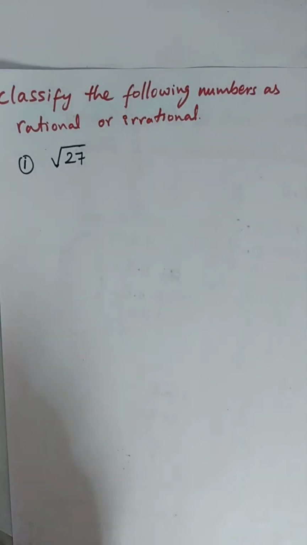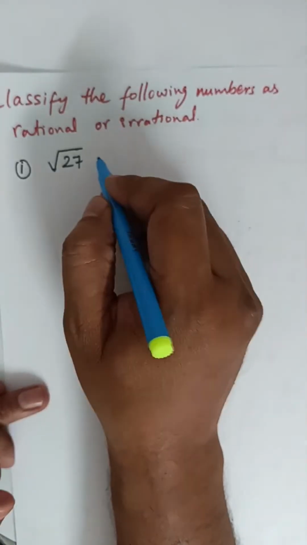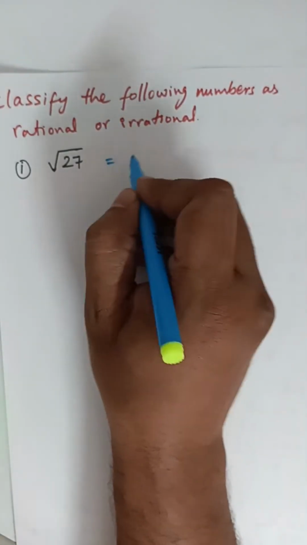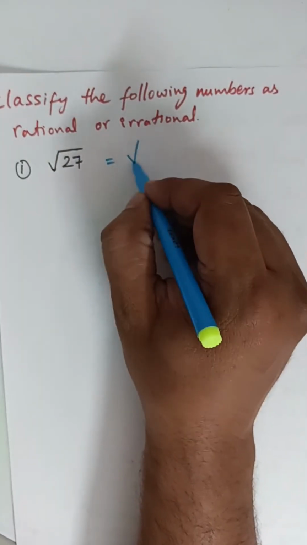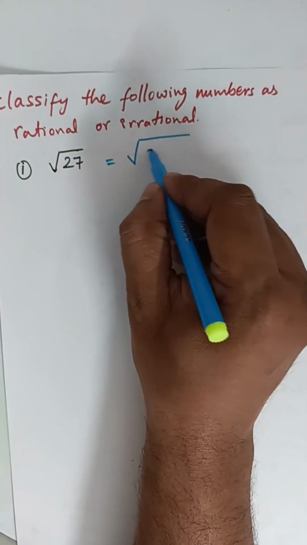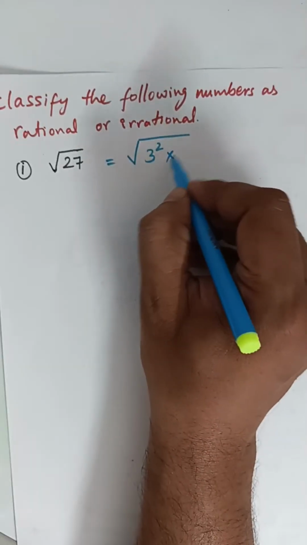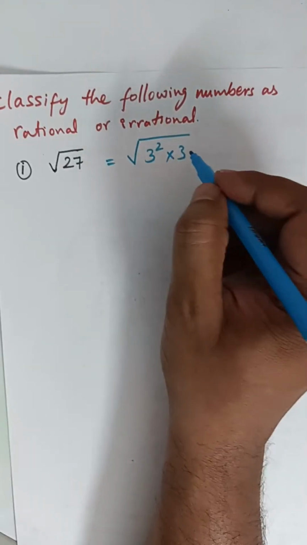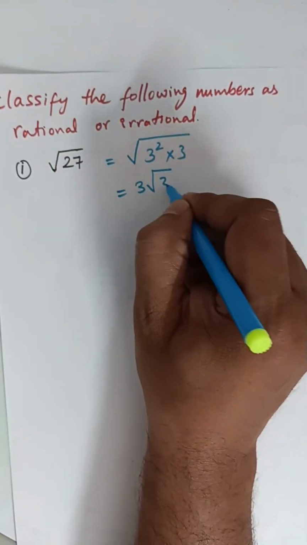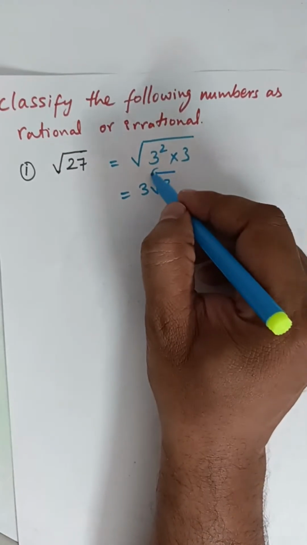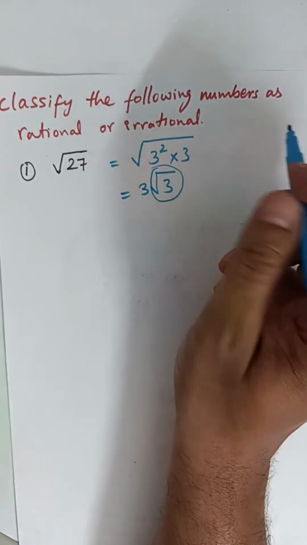Your time's finished now. Whenever you are finding the square root, write the radicand in terms of powers. So it is 3 square multiply with 3. So 3 square will come out, so it will be 3 root 3. But this root 3 is not rational.